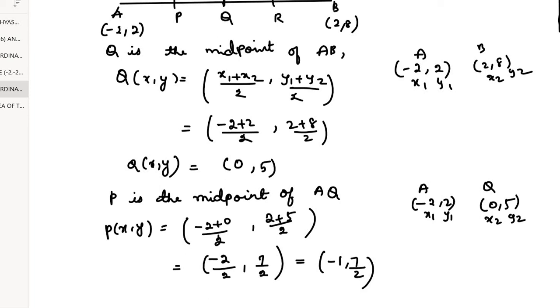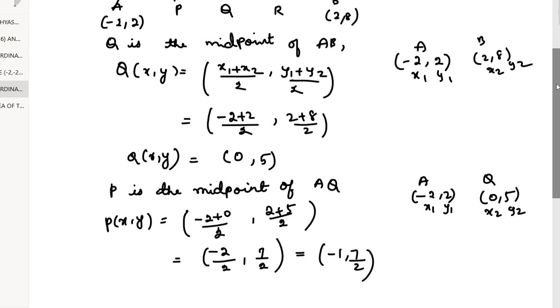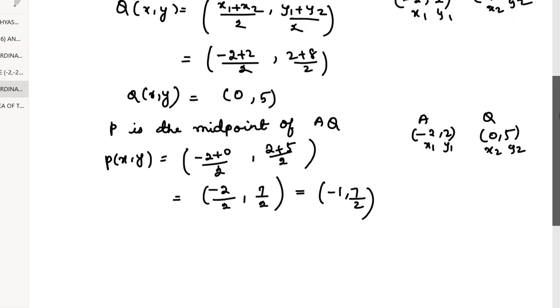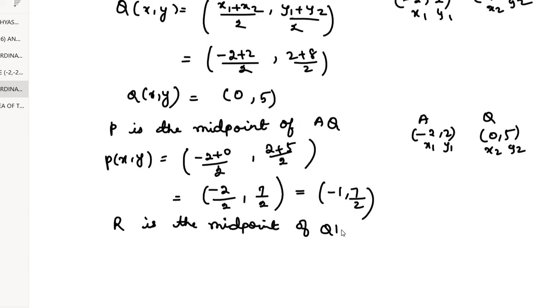Now I am supposed to find R. R is the midpoint of Q and B, QB. What we have is Q as 0 comma 5 and B as 2 comma 8.